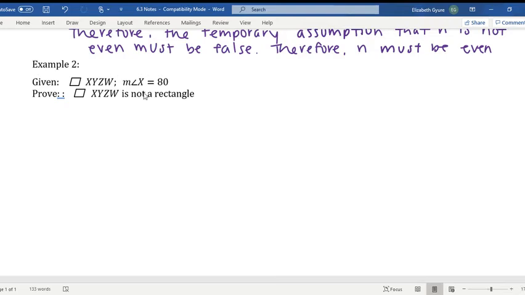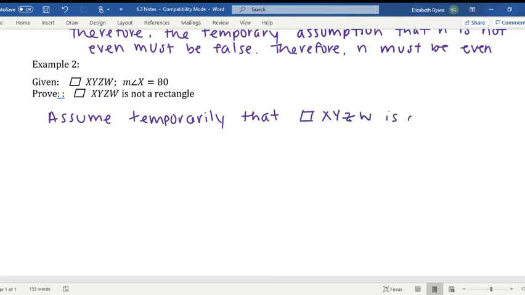So if this is not true, then we must conclude that it is in fact a rectangle. Or not conclude, assume, I'm sorry. So assume temporarily that parallelogram XYZW is a rectangle.